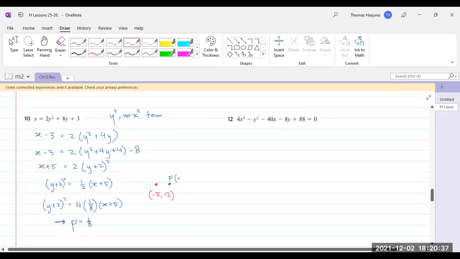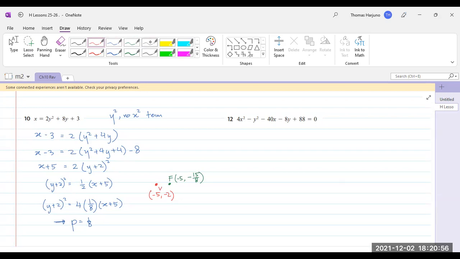Okay, the focus is -5 plus 1/8, which is -40 plus 1 over 8, -39 over 8. That's the focus. This is the vertex.